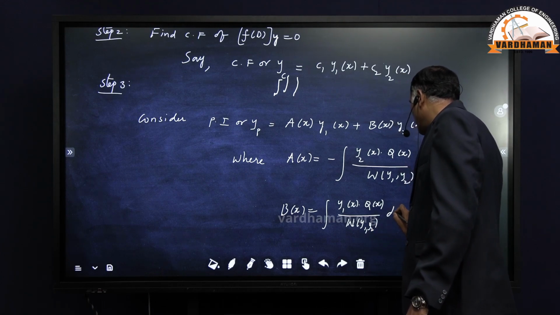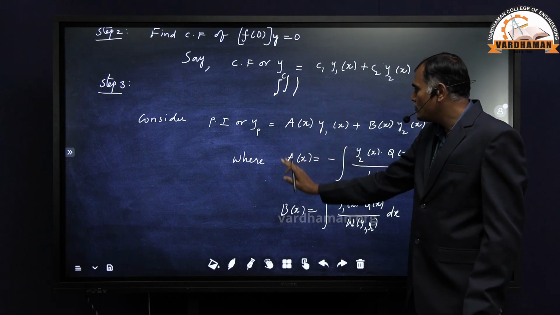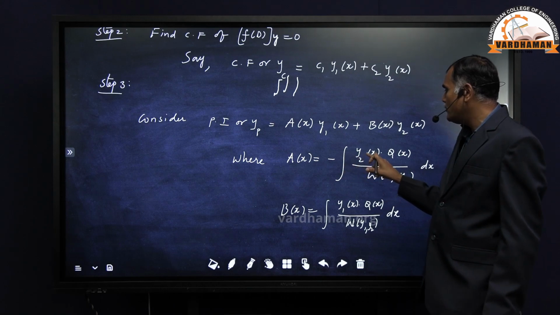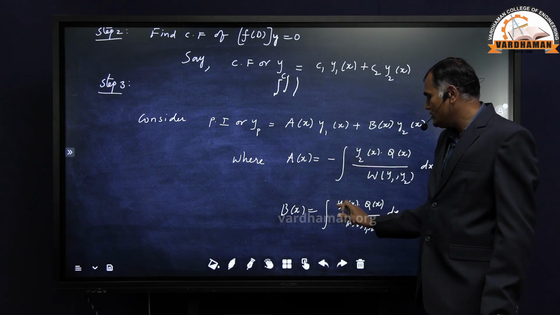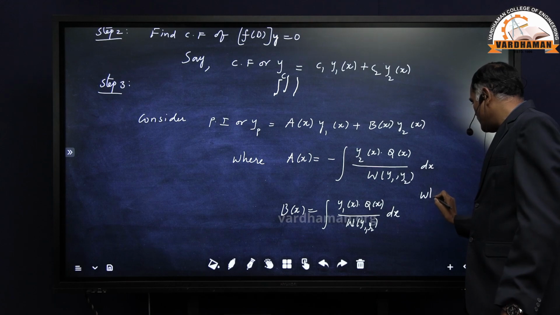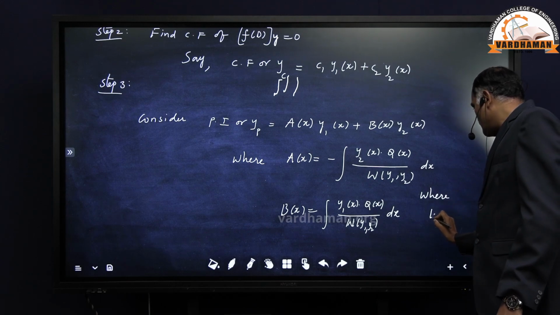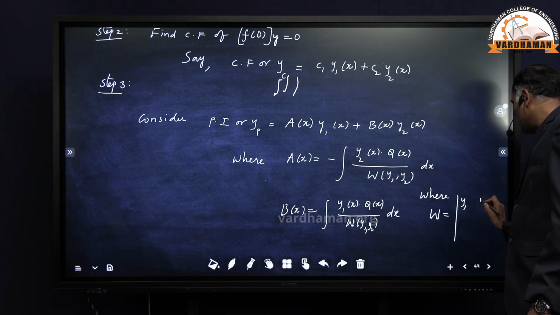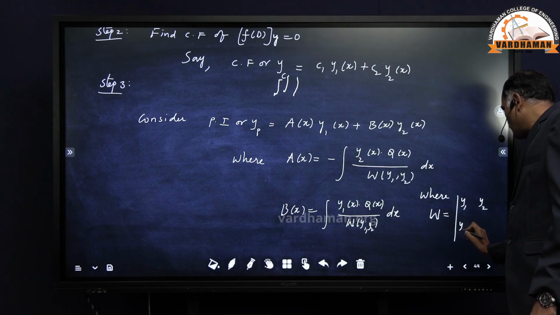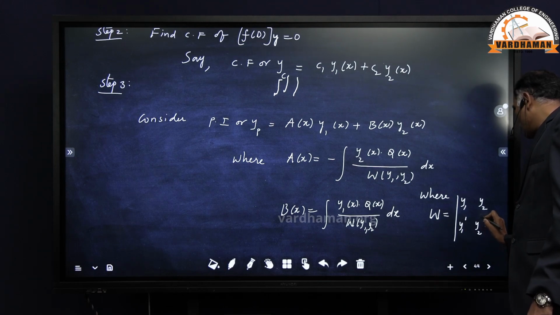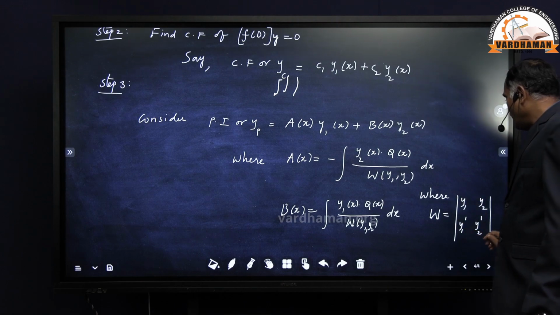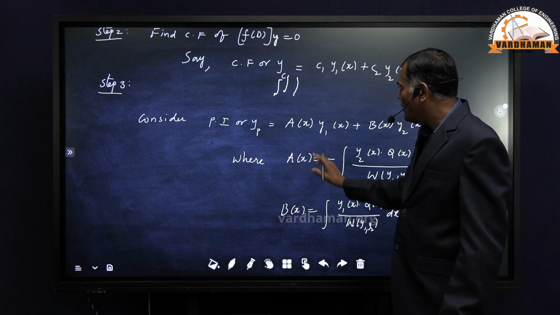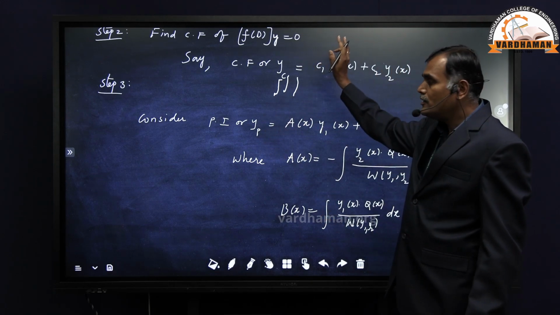Now these are the formulas to find A and B. A is given by minus y2 into q by W, and B is given by this. What is W? W is called Wronskian, which is given by the determinant of y1, y2, y1 dash, y2 dash. Finding the determinant of this gives W. Now this is the way to find A and B, and this gives the particular integral by this method.